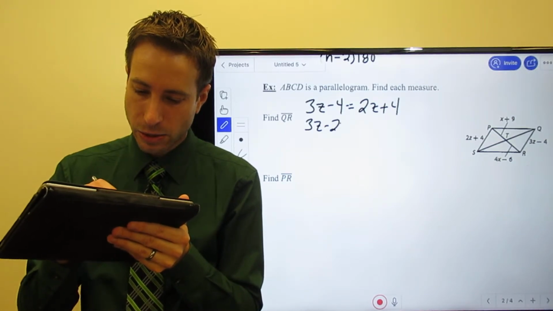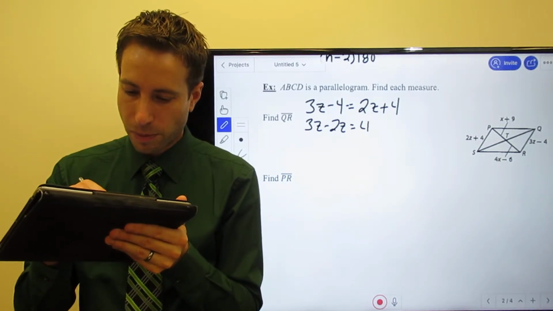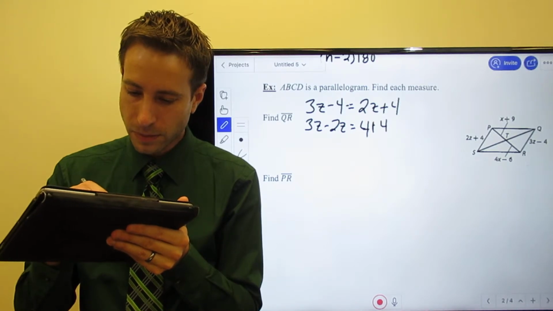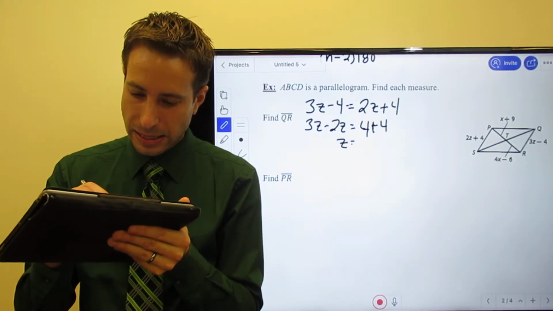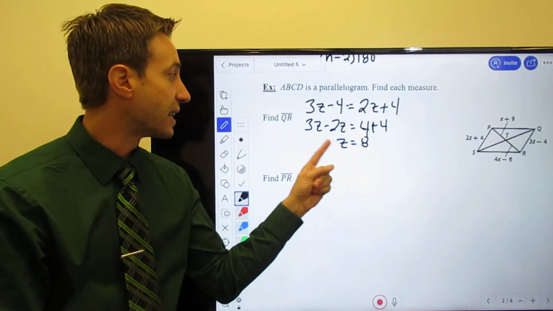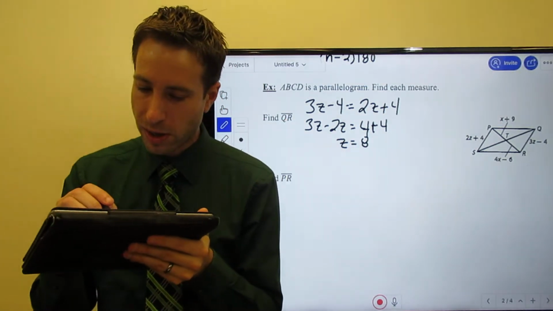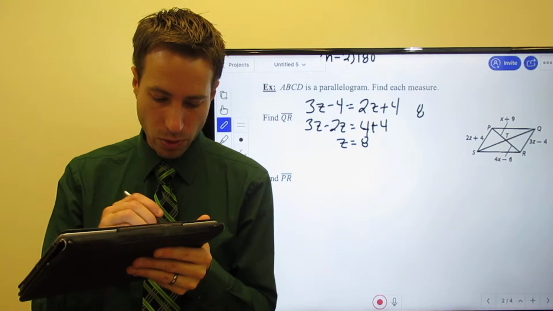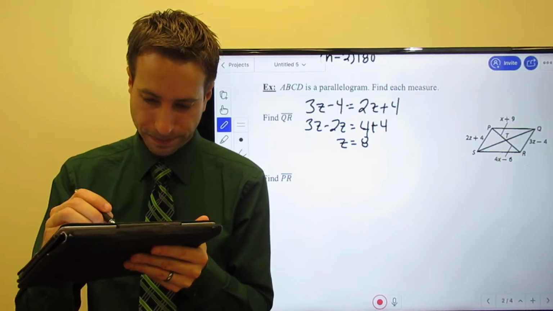3z minus 2z is equal to 4 plus 4. That gives me z is equal to 8. I didn't ask you to find z, I want QR, so let's plug that back in.